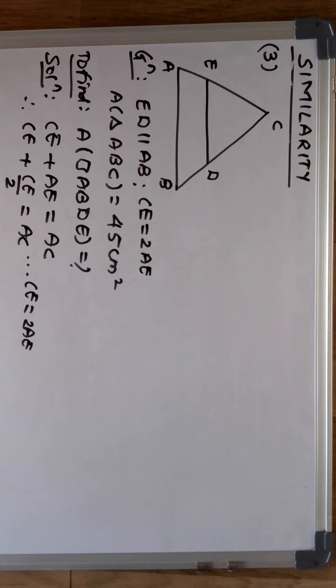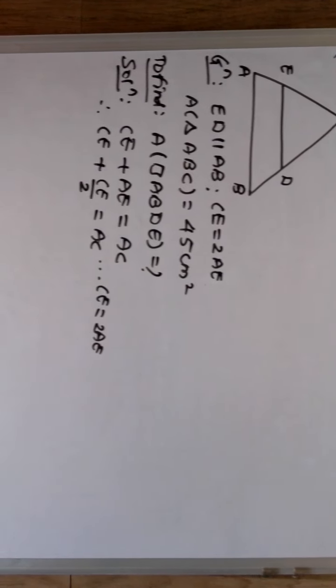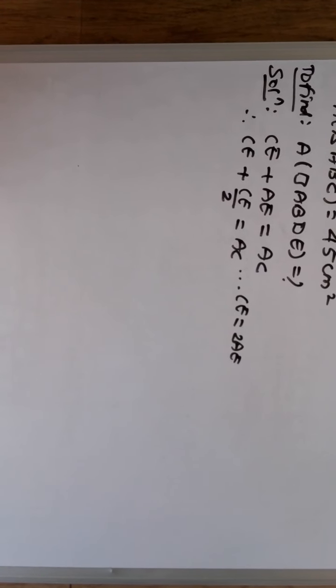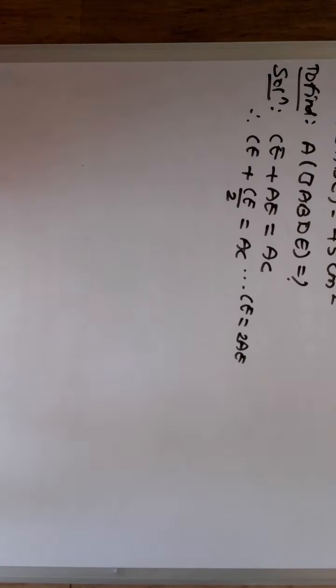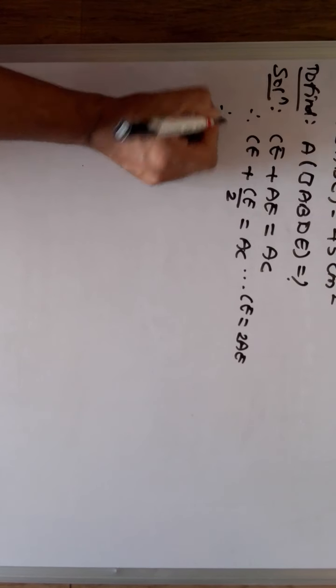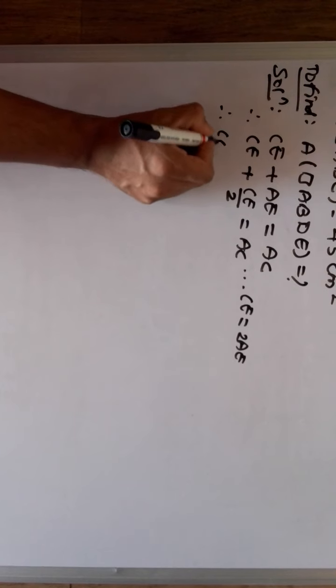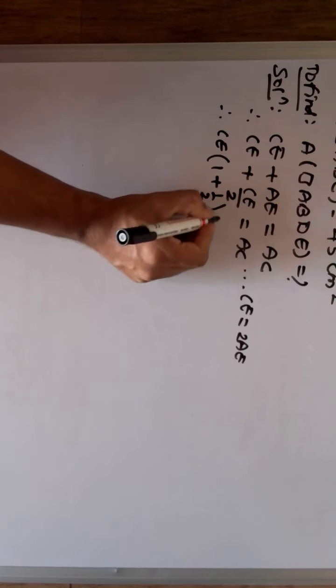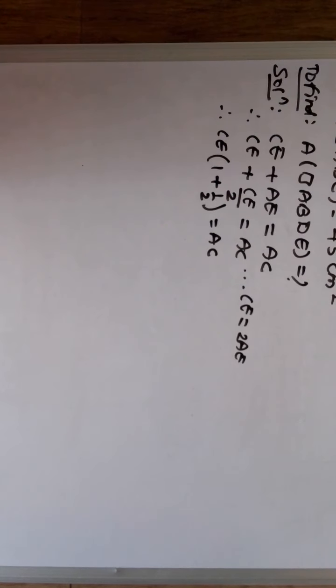Now following this we will go further. Here CE is common, 1 plus half is equal to AC.